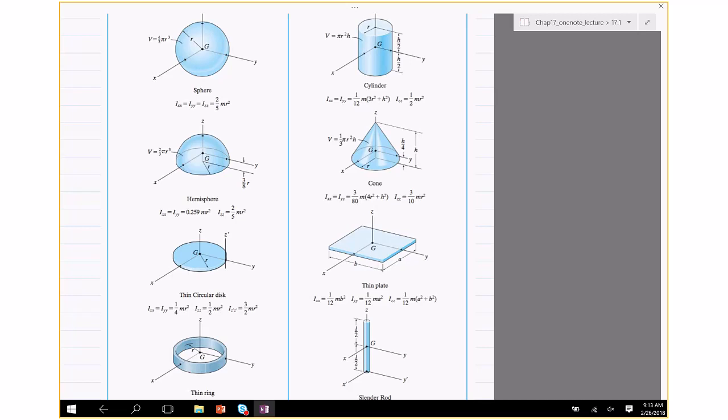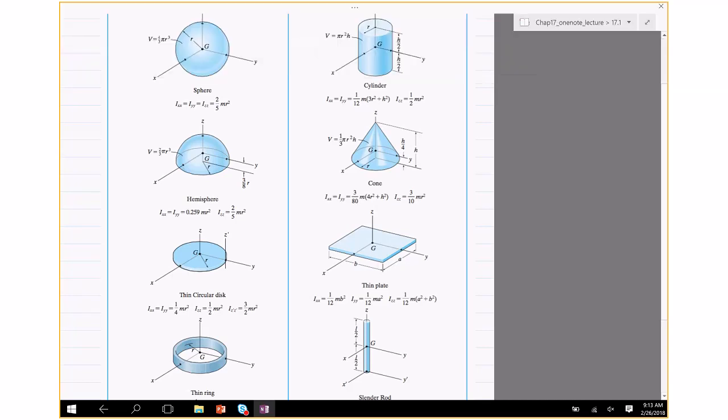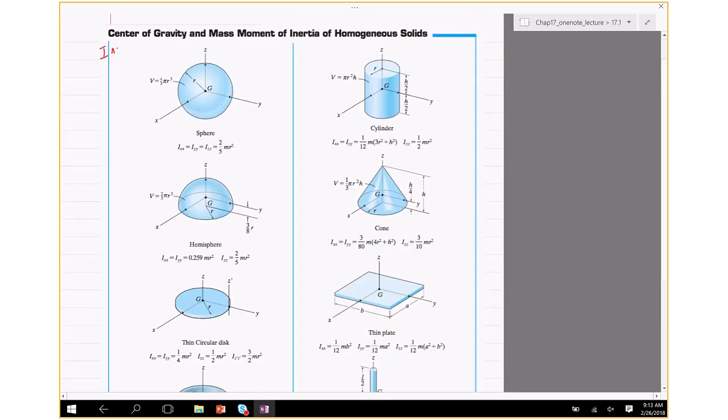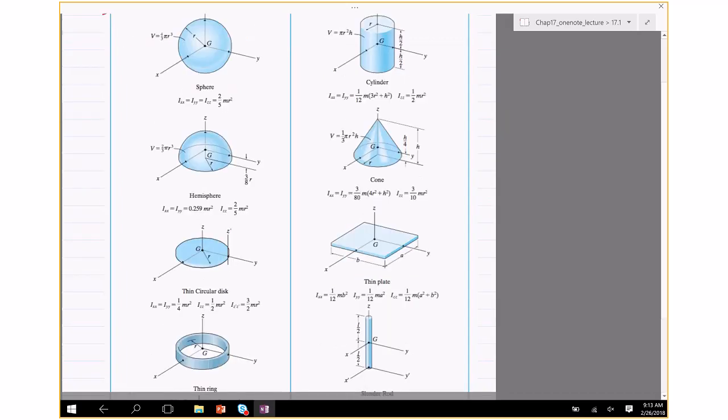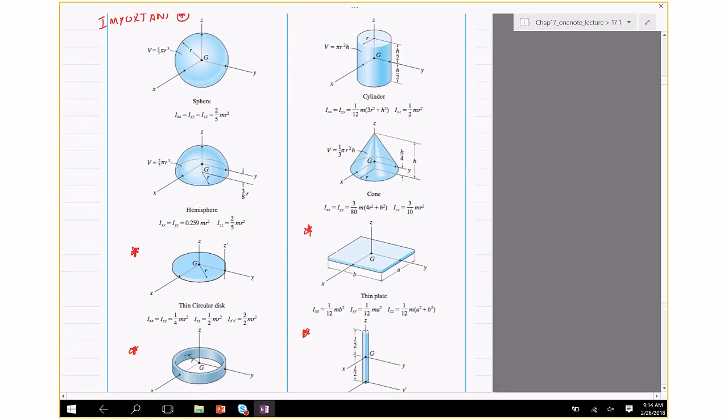Only some of these are actually important, which will come again and again in this class. The ones which are important, I'll abbreviate that with a star. So these ones come again and again: thin circular disc, thin ring, thin plate, slender rod, and cylinder.